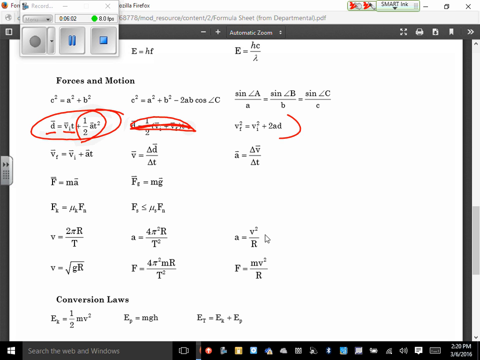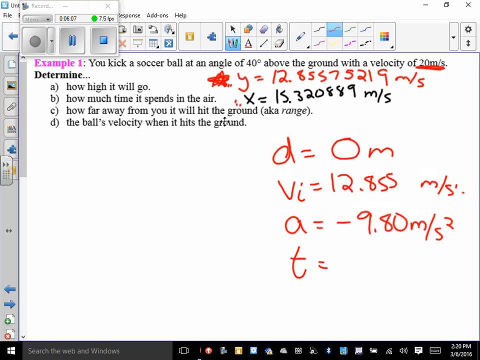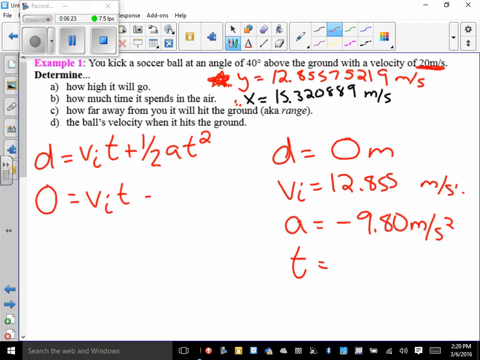We're going to try this formula. My formula was displacement equals v initial t plus 1/2 a t squared. We said displacement was 0.